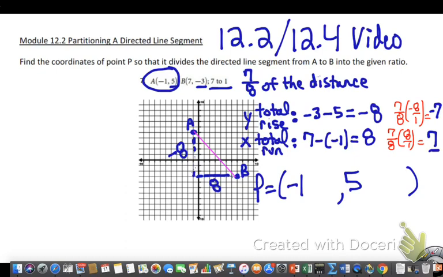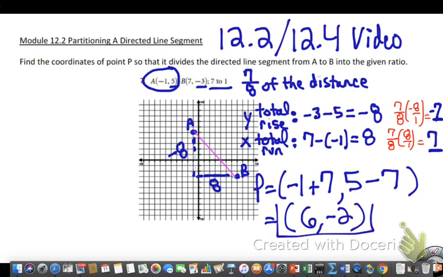The total run is 7, and that deals with the X's, so we're going to add 7. The Y value deals with the rise, and that's -7. So we're going to say 5 plus a -7, or 5 minus 7, which is the same thing. So -1 plus 7 is 6, and 5 minus 7 is -2. So that's our point.